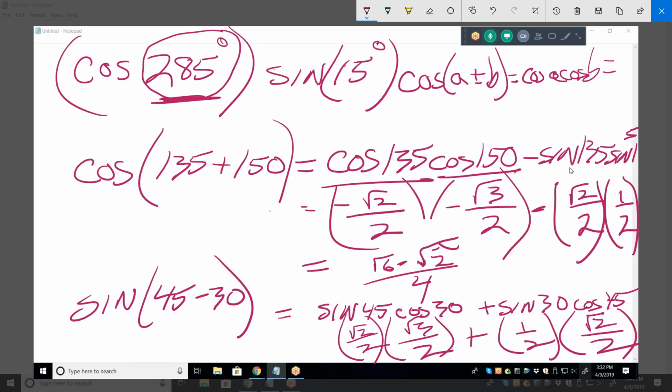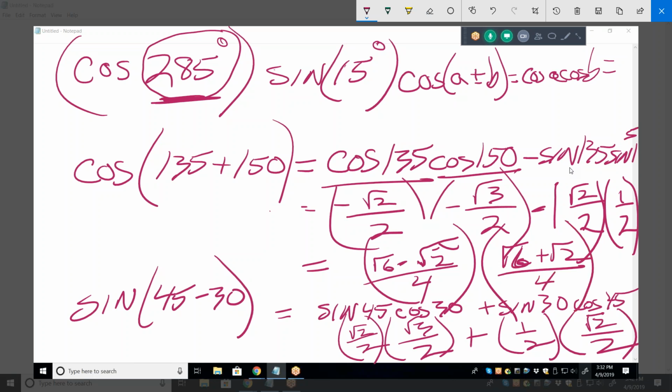So it's root 6 times root 2. Oh, hold on. What did I do here? Let's see. It's root 6 plus root 2 all over 4.